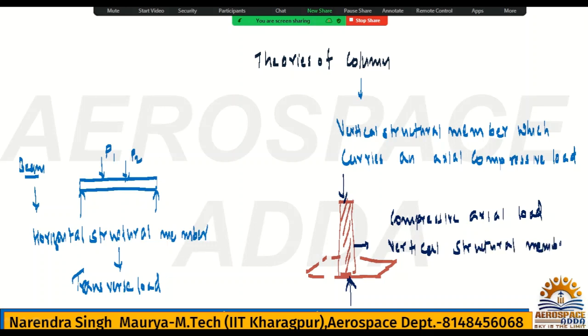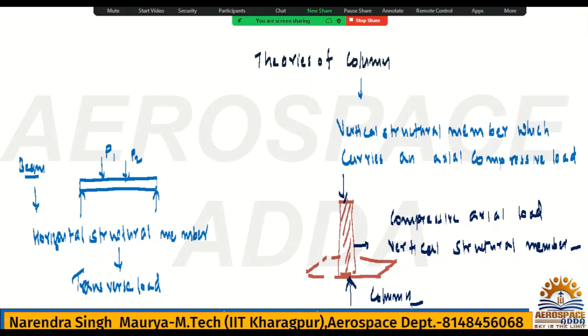At your home, you have seen both the beam and the column, both structural members. Somewhere in the structure there will be a column, the vertical member, and it will be carrying a compressive load.